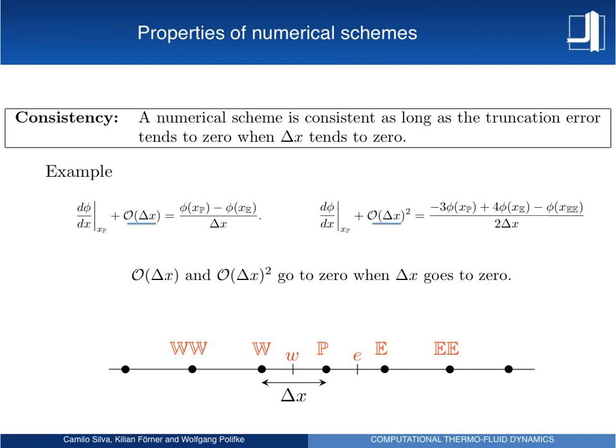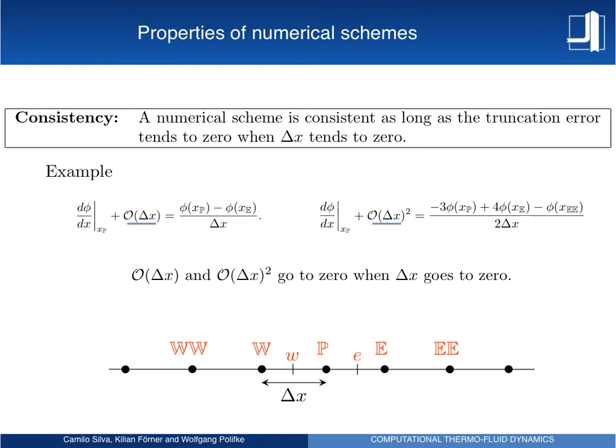So we refine the mesh several times, and you will see that this one goes faster because the order of accuracy is higher. But anyway, both of them will go to 0. So the two schemes are consistent.